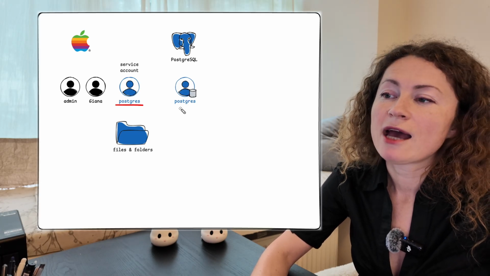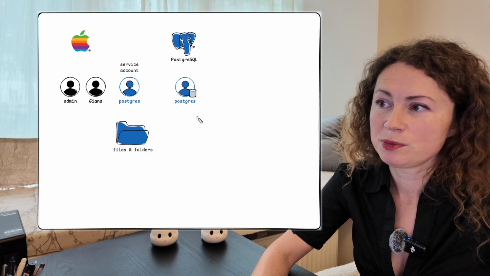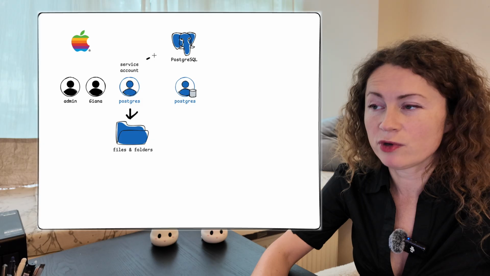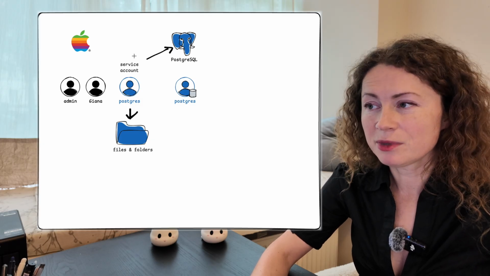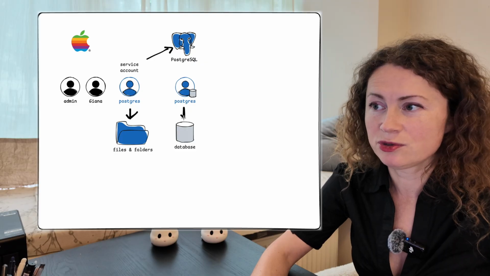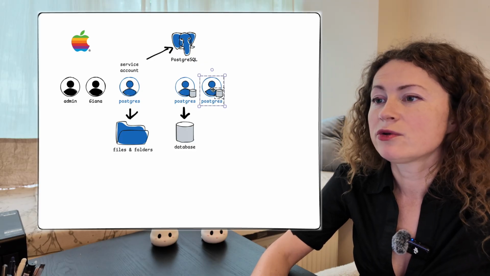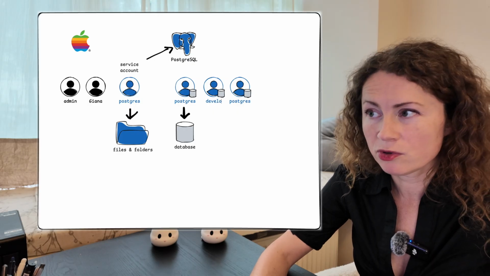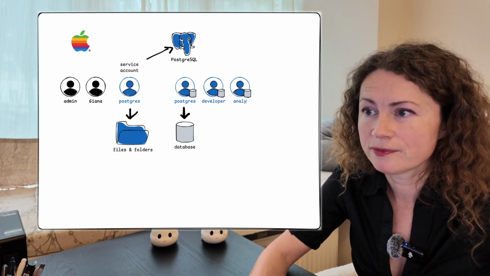These two users have the same name but different jobs. The system account Postgres owns the files and runs the server. The database role Postgres has access to the database and is used to manage it. And you should really create more database roles for day-to-day work, for example, a developer role or a data analyst role.